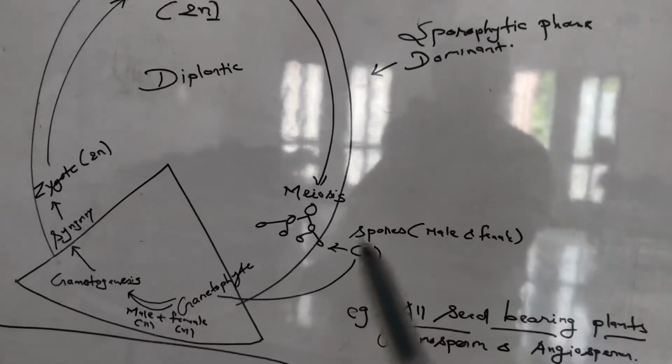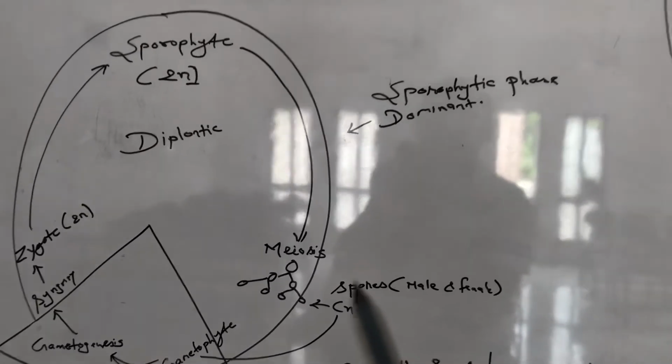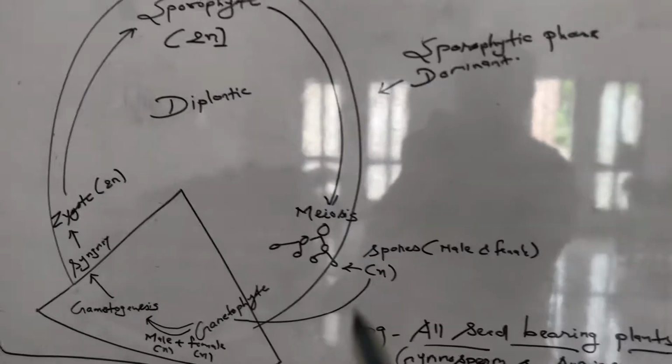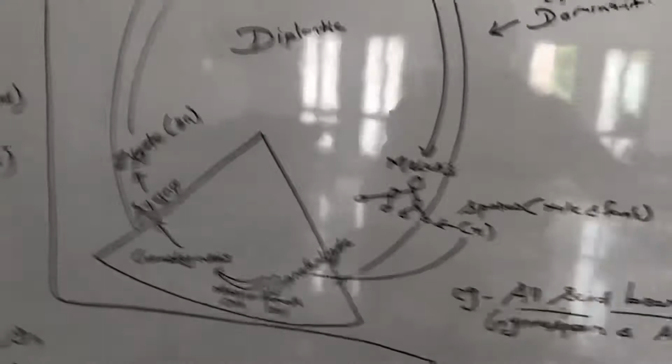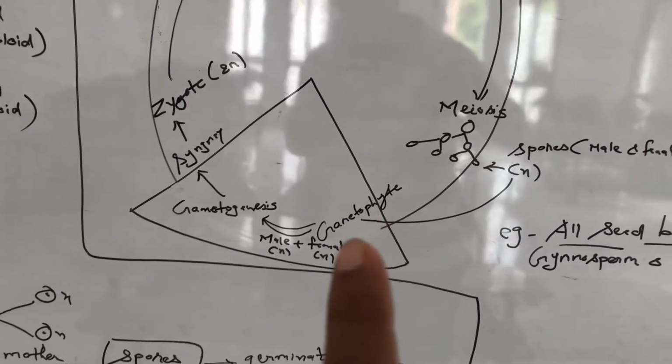Through meiosis, spores are produced from the sporophytes, and these spores will be either male or female, that is N, haploid in nature. From these spores, again the gametophyte will be there.